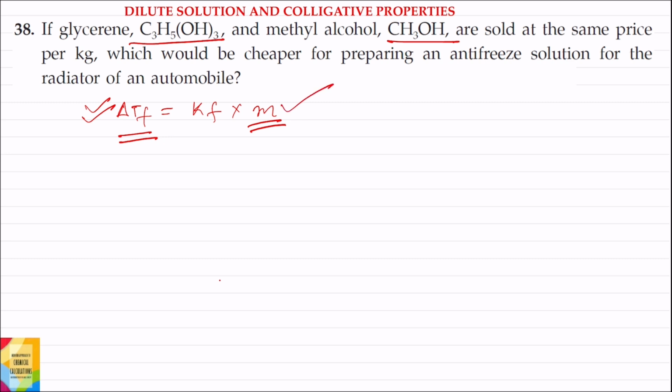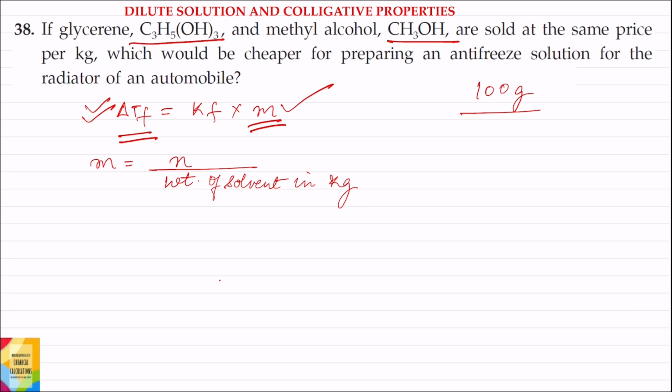And what is the value of molality? Molality is equal to number of moles divided by weight of solvent in kg. Now in case the solvent is same for both glycerin and methyl alcohol, then for the same weight of glycerin and methyl alcohol, suppose we take 100 gram of glycerin and 100 gram of methyl alcohol, the weight is the same, but number of moles of methyl alcohol will be greater than the number of moles of glycerin.